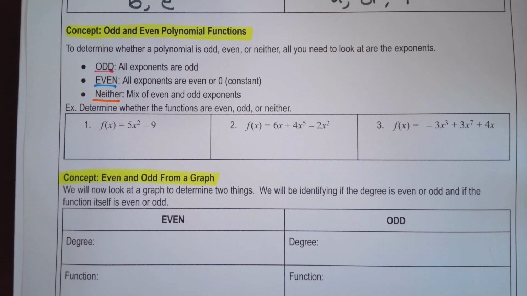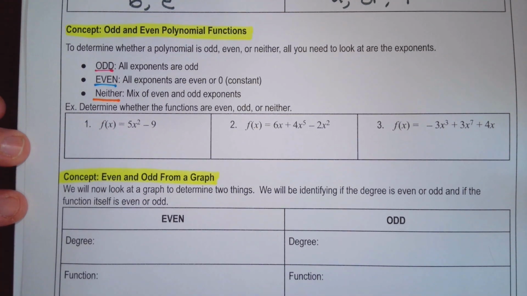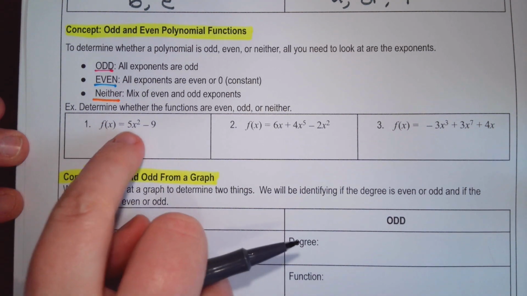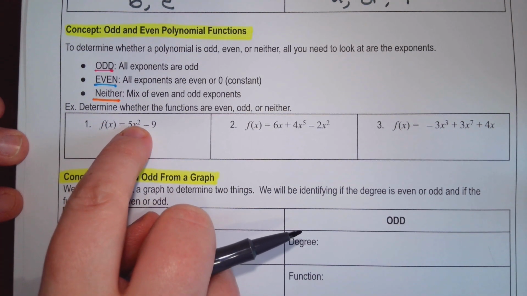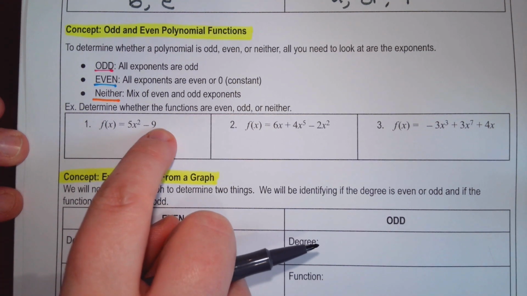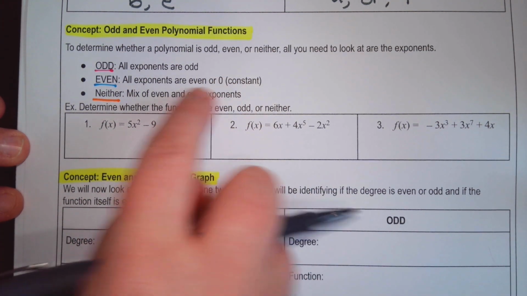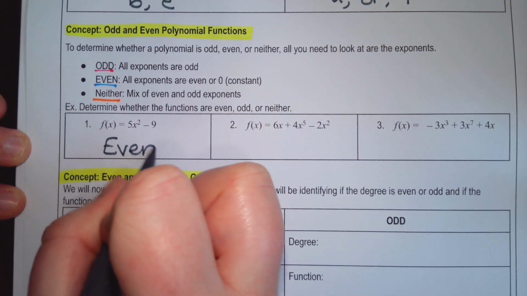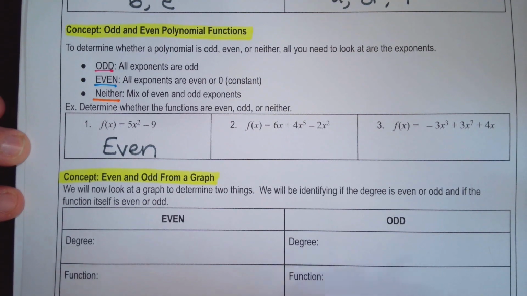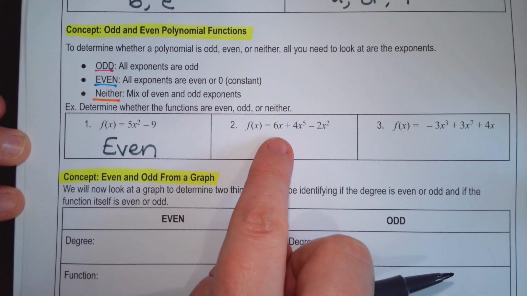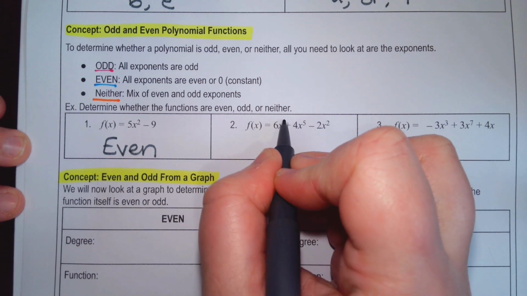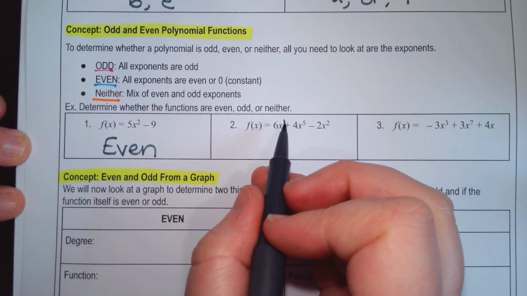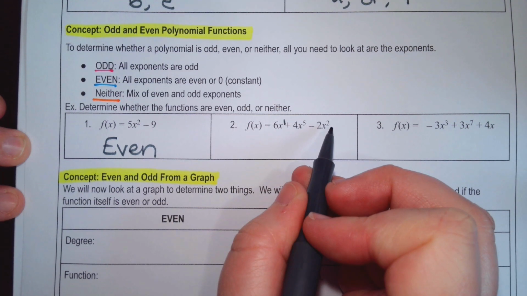What that means is it's going to have a mix of even and odd exponents. So we need to determine whether the functions are even, odd, or neither. Our first one, we have x squared minus 9. From our exponent, we have a 2, and then 9 has no variable, so it's a constant, so it's 0. Both of those line up with this being an even function. Our next one, we have 6x, and when we just have x, remember the exponent is 1. So we have a 1, a 5, and a 2.